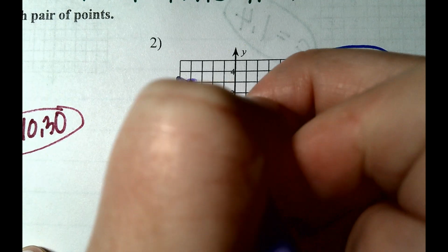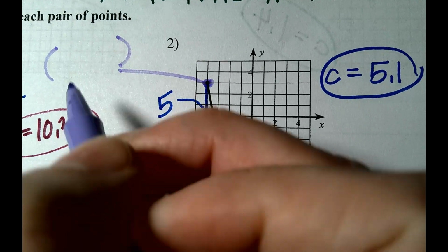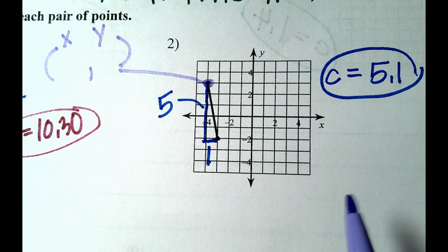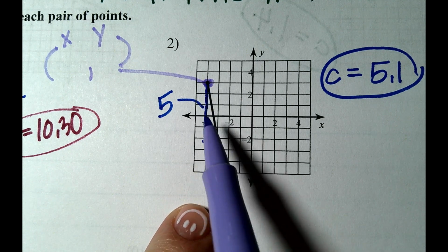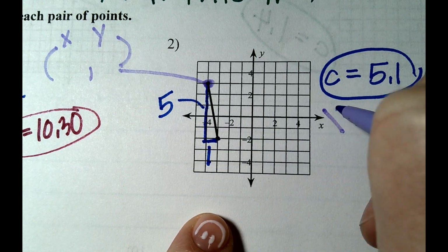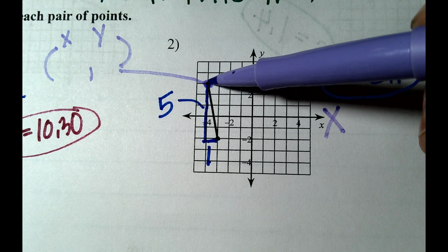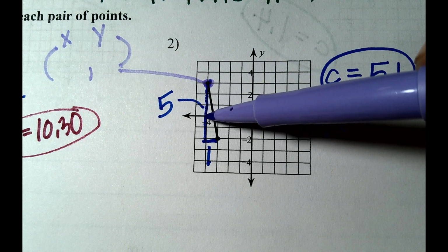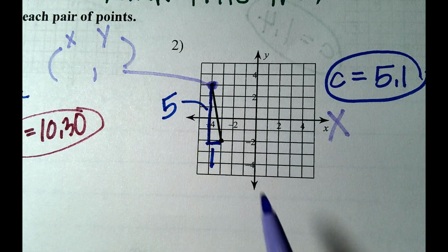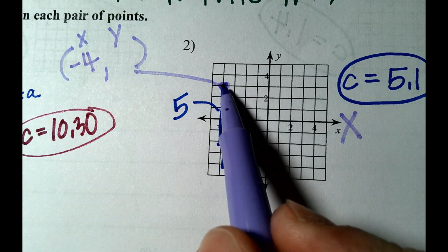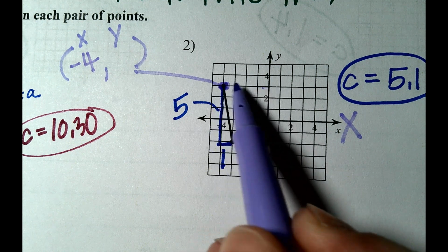Coordinates can be named with two values. There is an x value and a y value. So we ask ourselves, where does this point line up with the x-axis, the x going left to right? So I'm going to look straight down, and it lines up with -4 on the x-axis. So that would be -4. And then on the y-axis, where does this line up? 3.